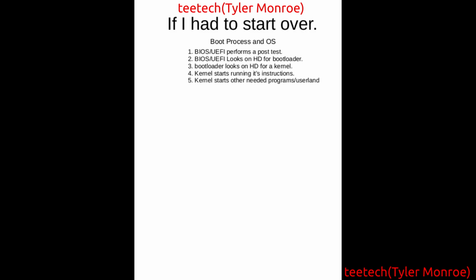So the kernel runs its instructions after the bootloader finds it, and then the kernel starts to load more information, programs it needs, also called user land, okay? And that's when the CPU will be pulling more instructions off that hard drive and into RAM, all because the instructions in the kernel are telling it what it needs.